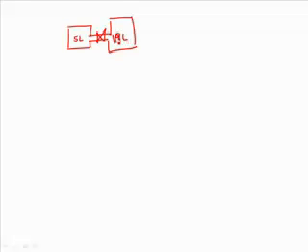The first tank is at 9 atmospheres, and the 10-liter tank is at 6 atmospheres. And it wants to know what the final pressure will be in the tanks.